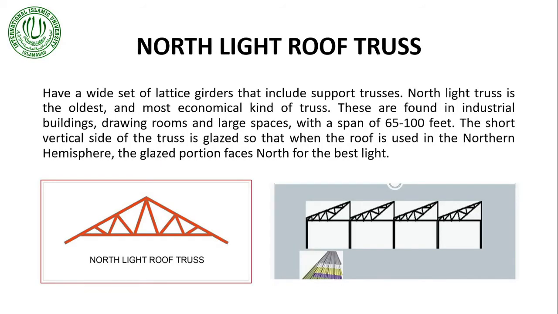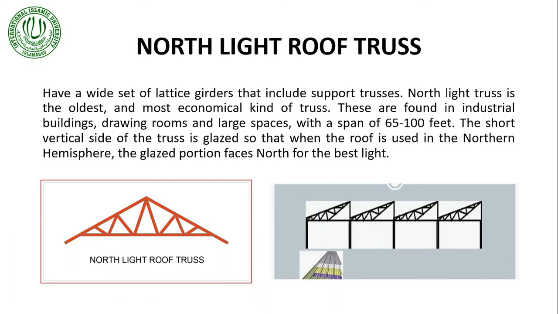Then we have north light roof truss. These types of roof trusses are very useful and common where we wish to have light coming from the north side. They look like this, but they are placed in this pattern. This is the place where we put glass and the light can come in from here.